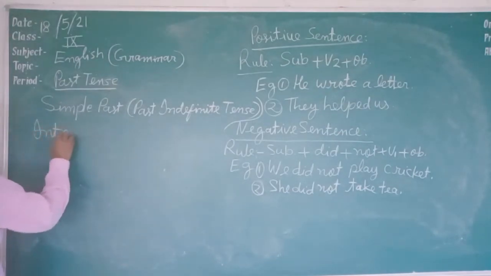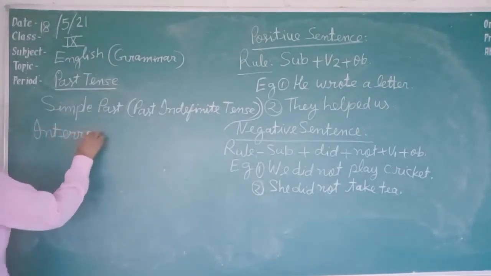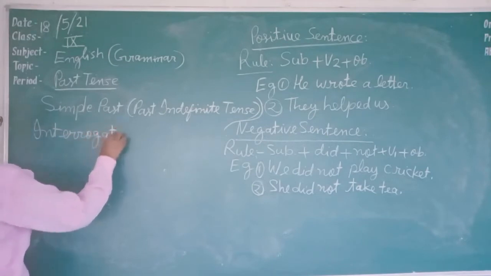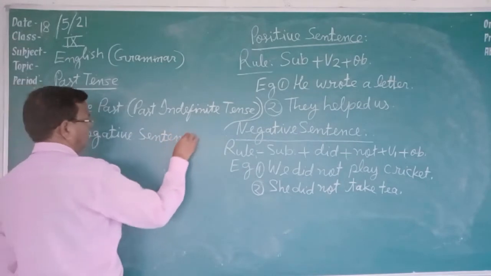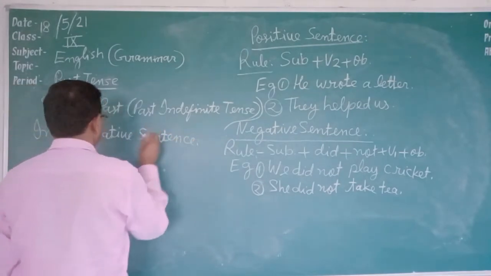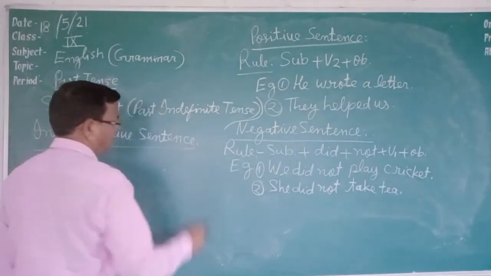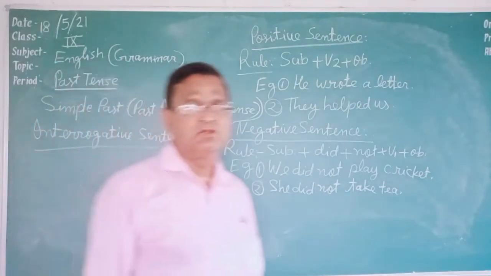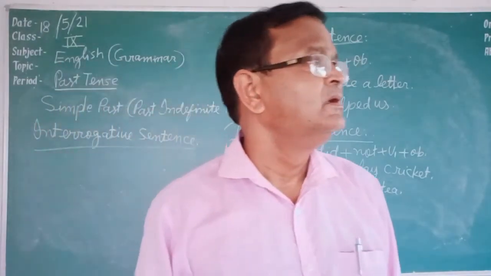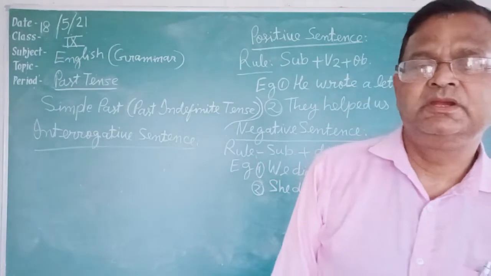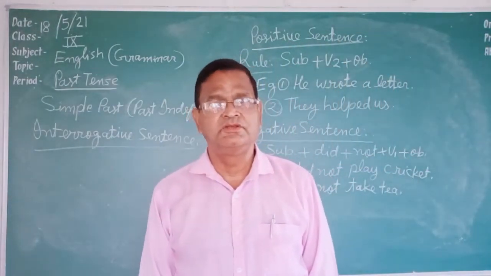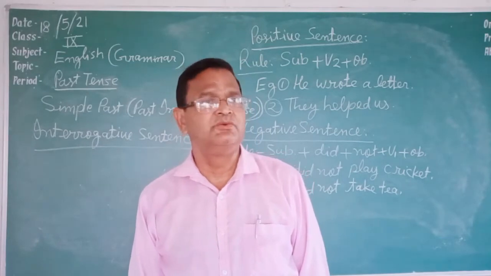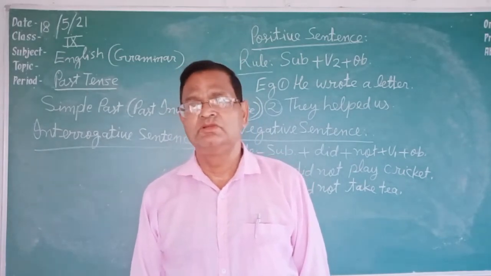As earlier I have taught you, interrogative sentences are of two types: starting with a question word or starting with a helping word. The two rules are there.